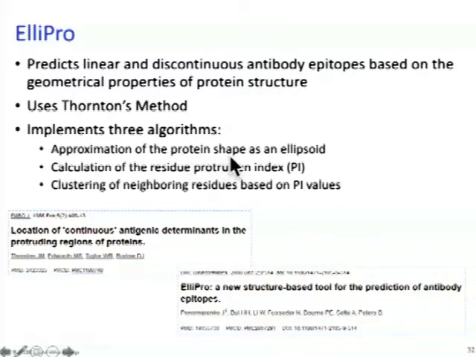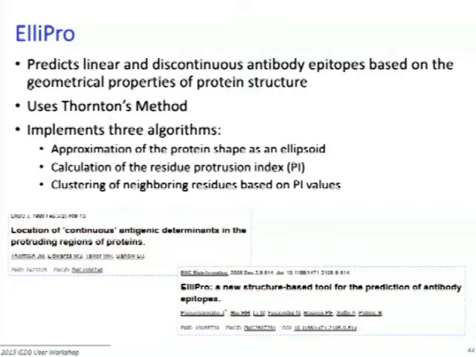What she found is that the parts of a protein that are most protruding from that ellipsoid estimate of the protein shape are much more likely to be epitopes than parts that are hidden. So whatever is most protruding from a protein is more likely to bind antibodies, and that makes intuitive sense in most cases.